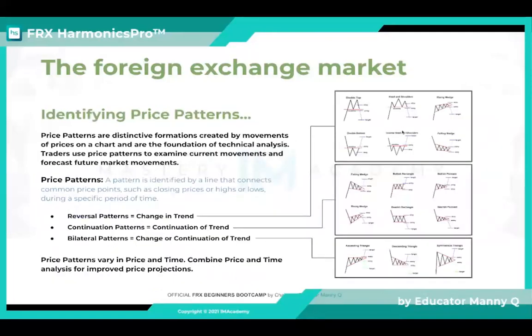Then you also have things known as rising wedges and falling wedges. Okay, rising wedges and falling wedges help you identify what is known as leading or ending diagonals inside of the market.